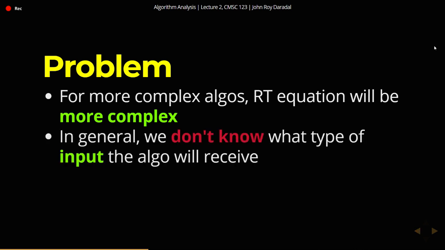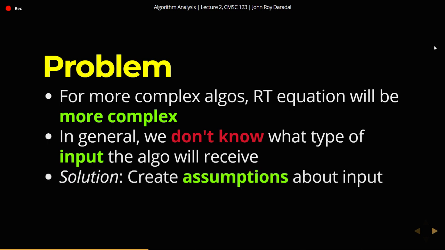And in general, we really don't know what type of input the algorithm will receive. Will it have a lot of A's? Will it have only a few A's? We don't know. So to counter that, our solution would be to create assumptions about the input, so that we don't guess.